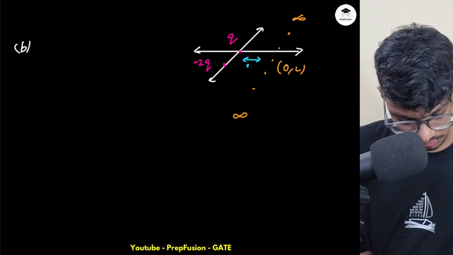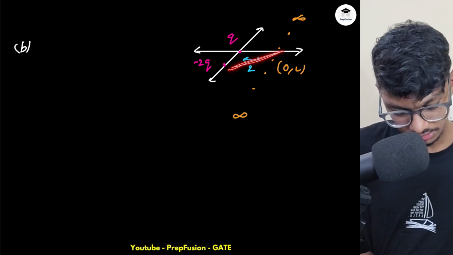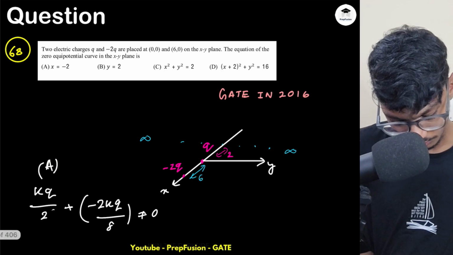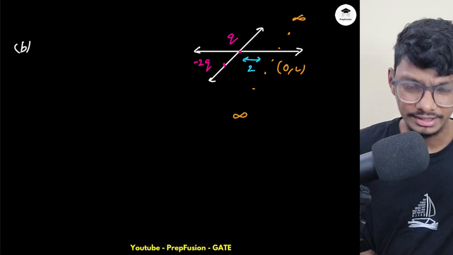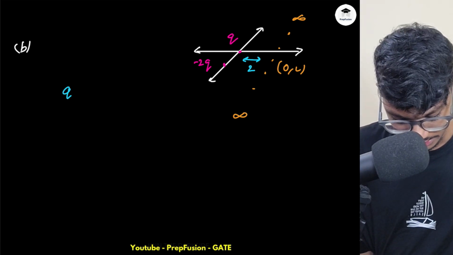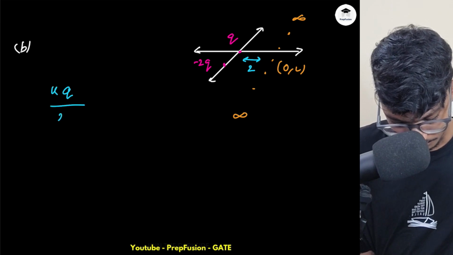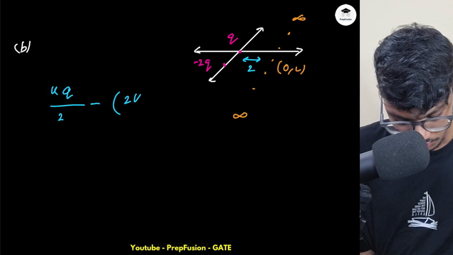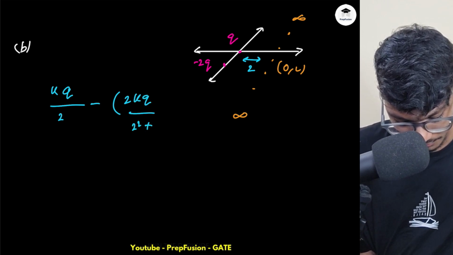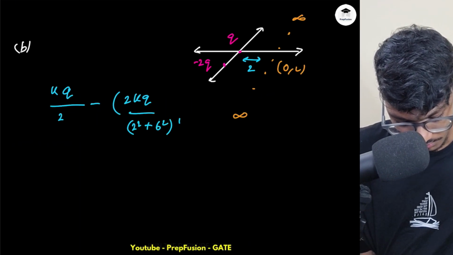This distance is 2, and this distance is the square root of 2 squared plus 6 squared. So again this is not 0. If you find it out, it is KQ by 2 minus 2KQ by the square root of 2 squared plus 6 squared, which is not 0.